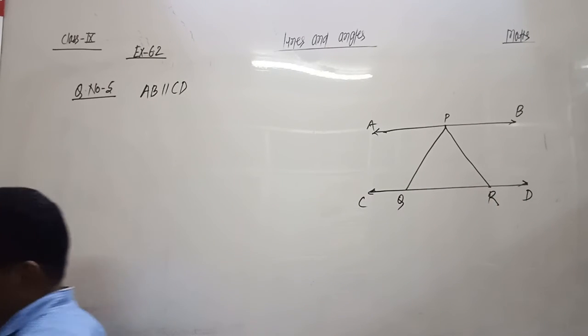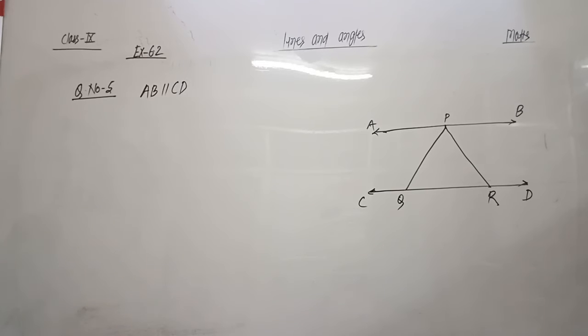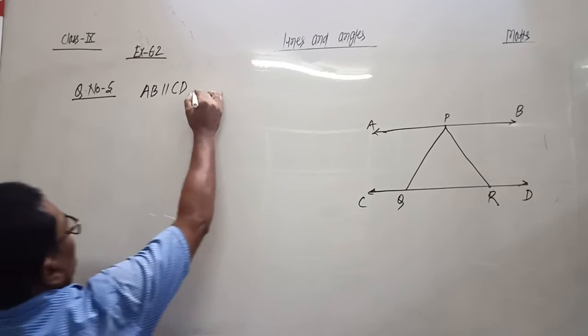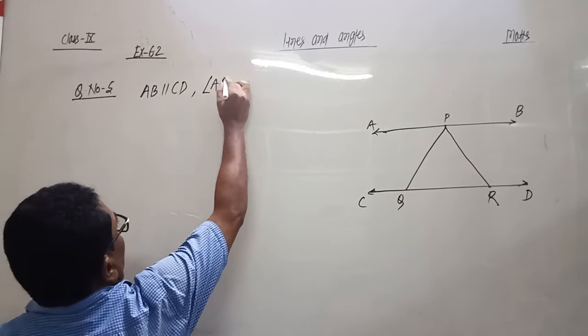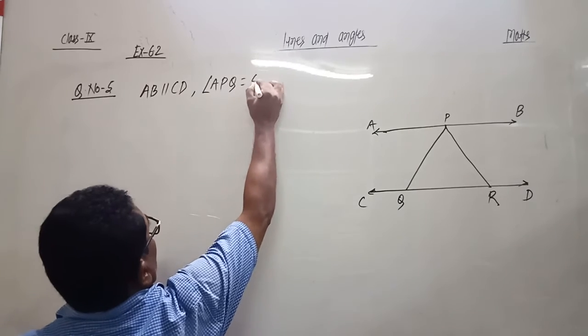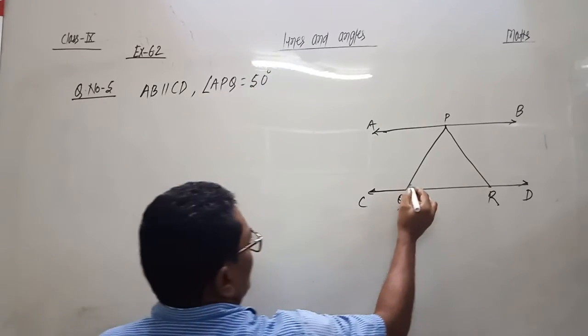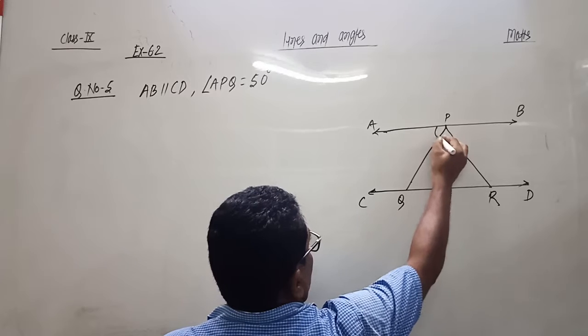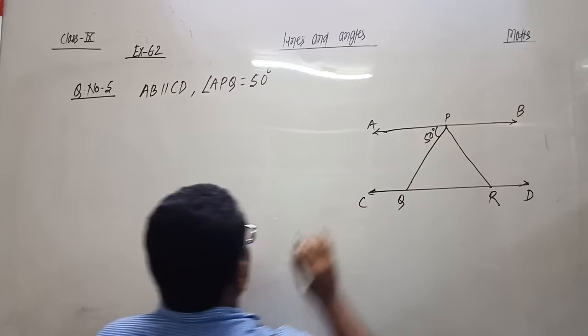Triangle PQR, in which angle APQ equals 50 degree. This angle APQ is given 50 degree.